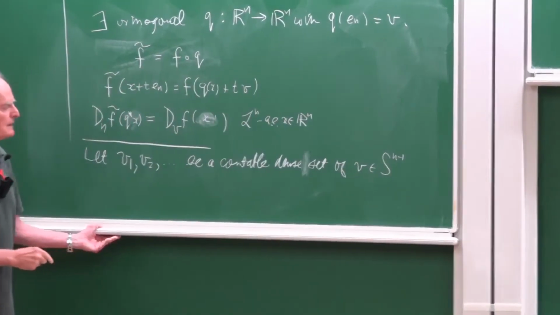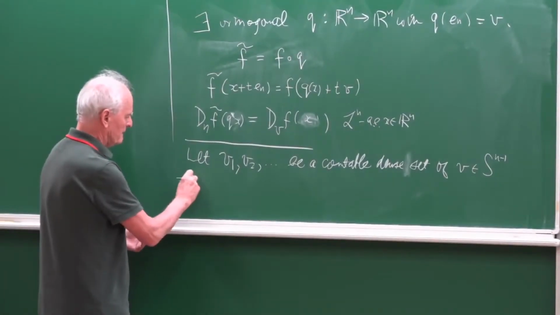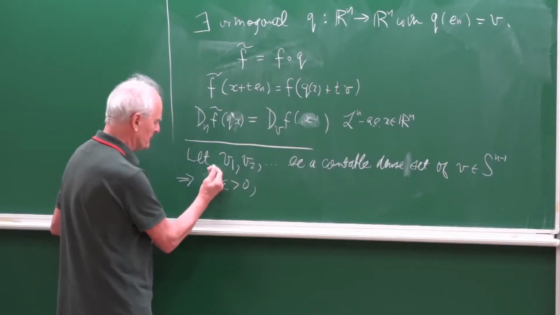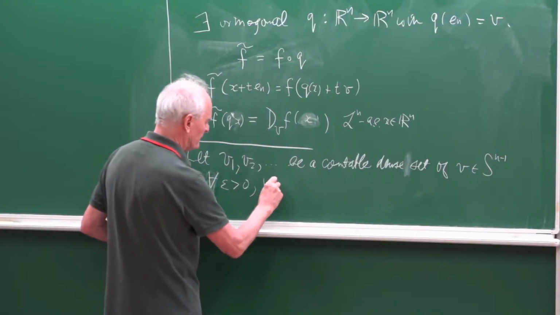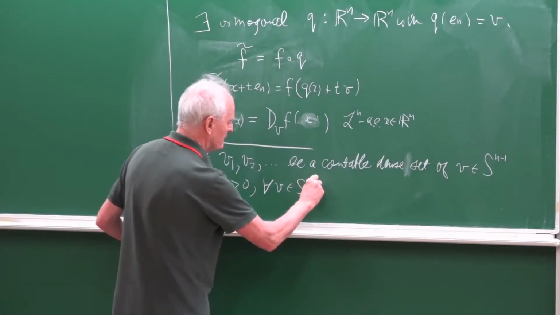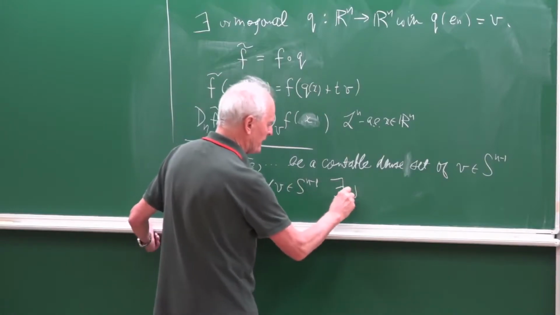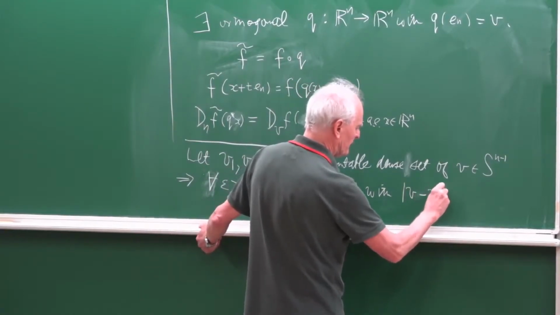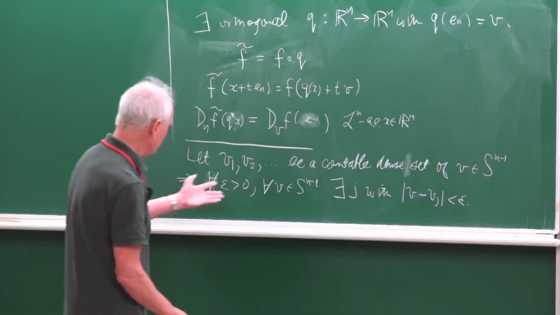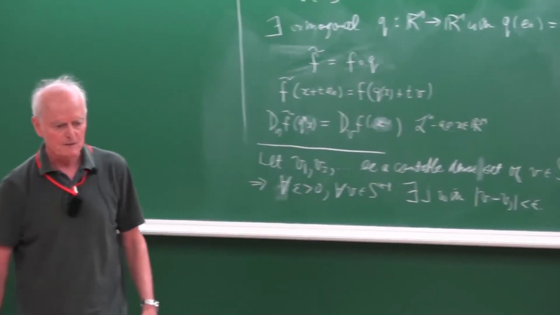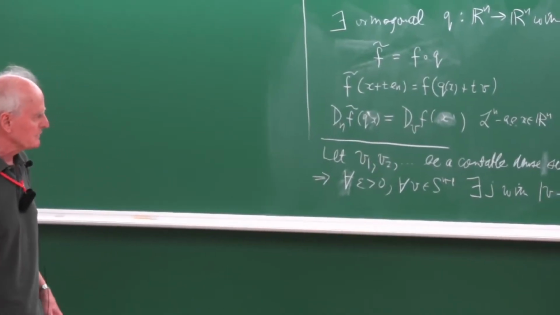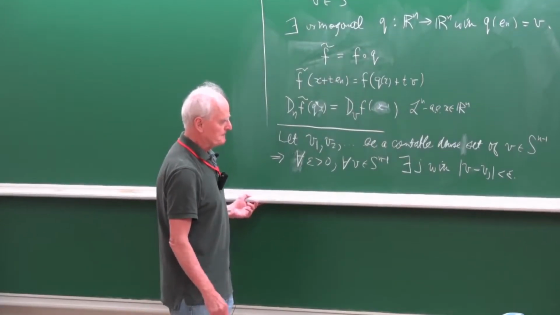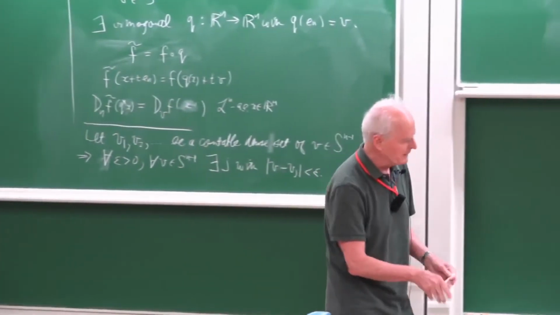So that means in particular that for every epsilon bigger than 0 and for every v in S^(n-1), there exists some j with the distance from v to vj less than epsilon. It's a countable dense set. The closure gives all of S^(n-1). So you can get as close as you like to any given v. In particular, we can get within epsilon of a given v. So we're going to make use of that in the rest of the proof now.